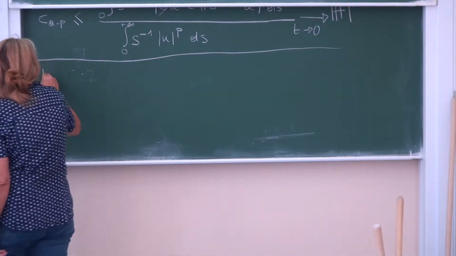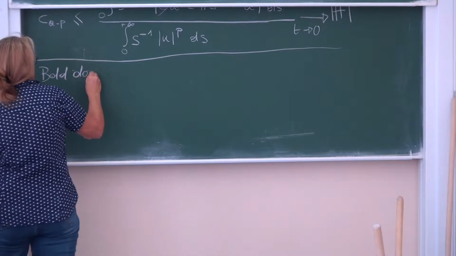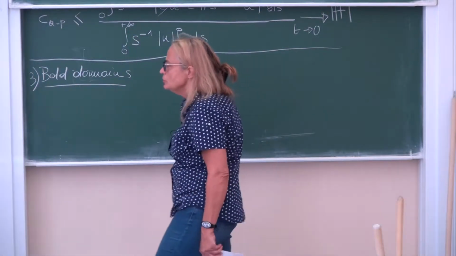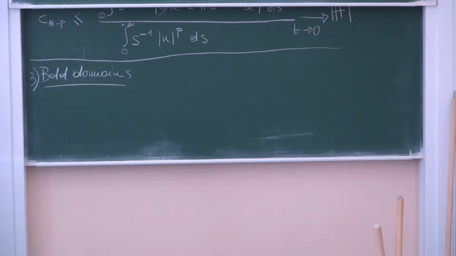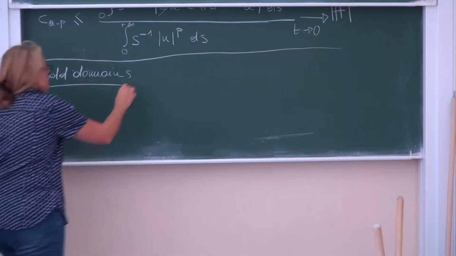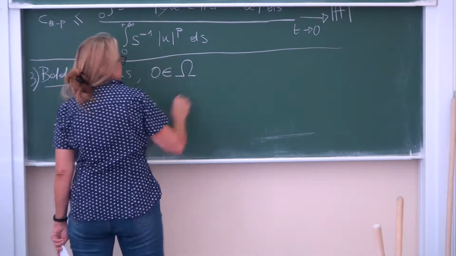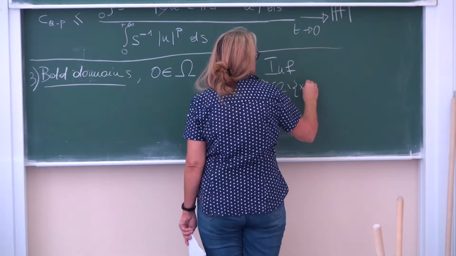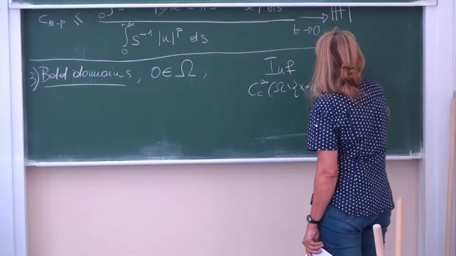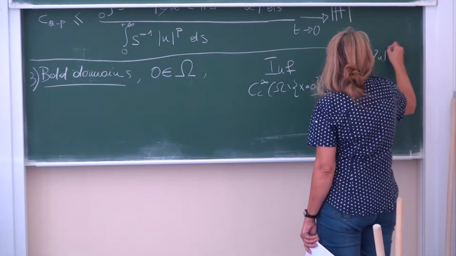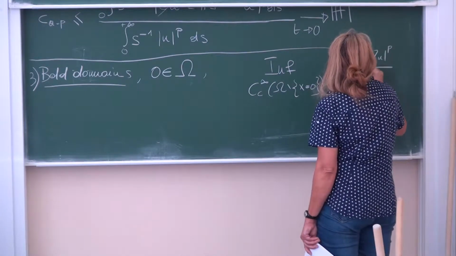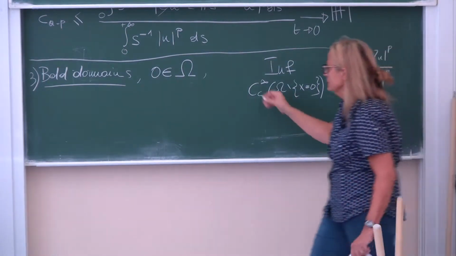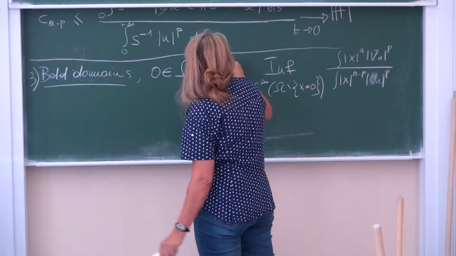And well, in bounded domains, the third remark is that in bounded domains, due to the role of dilations in Rn, if you assume that 0 is in omega, then the infimum over C infinity functions with compact support in omega minus the singular set of the same thing, since you are minimizing on a smaller set, is greater or equal than this constant HP.